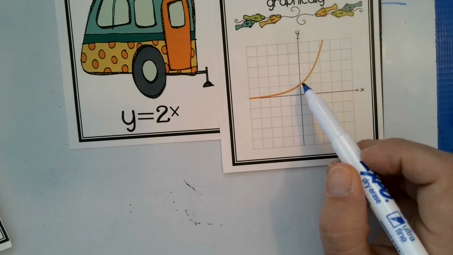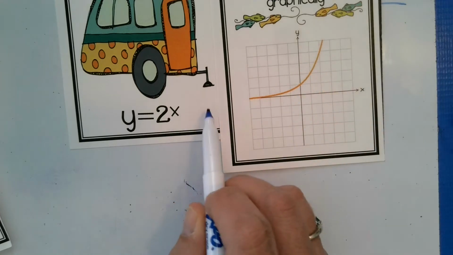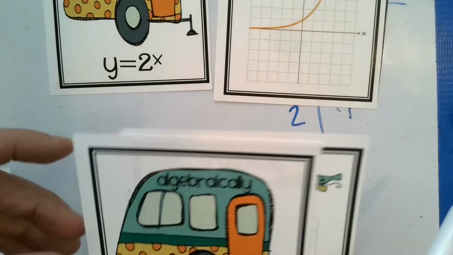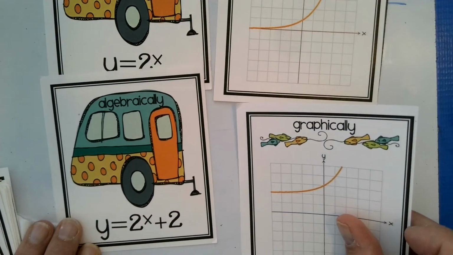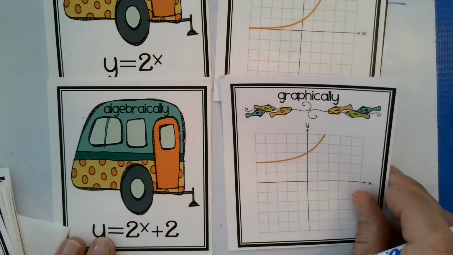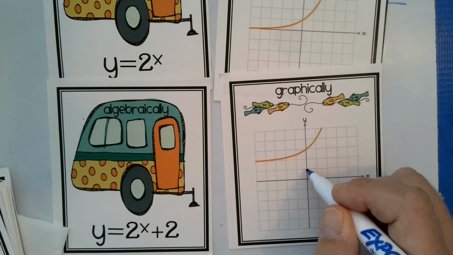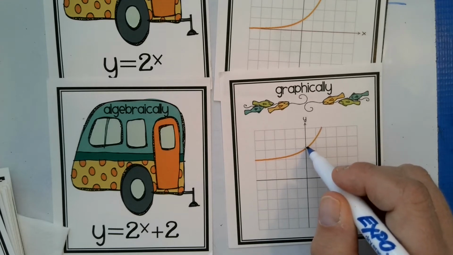As we add or subtract things onto the backside here, you're going to see that graph move up and down. So let me show you that. Let's just compare these. If we had 2^x plus 2, what do you notice about how the graph changes? You may be noticing that this y-intercept has gone up 2.